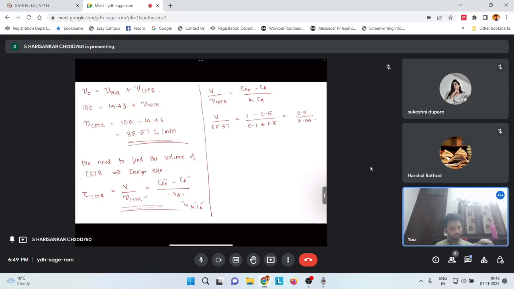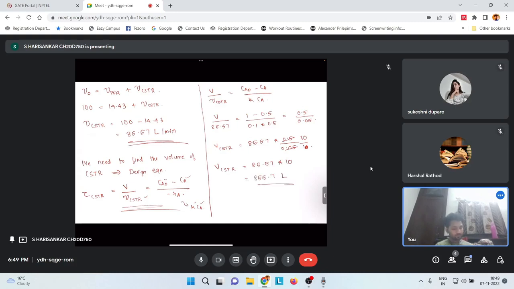So V, the volume of CSTR, will be equal to 85.57 into 0.5 by 0.05. So this is basically 1 by 10, sorry, that is 10 by 1. So V CSTR will be 85.57 into 10.